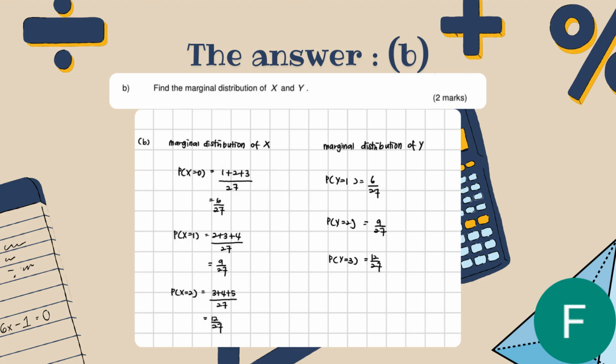And probability of x equals 2 is 12 over 27. To find the marginal distribution of y, I add the probabilities across x. Probability of y equals 1 is 6 over 27. Probability of y equals 2 is 9 over 27. And probability of y equals 3 is 12 over 27.